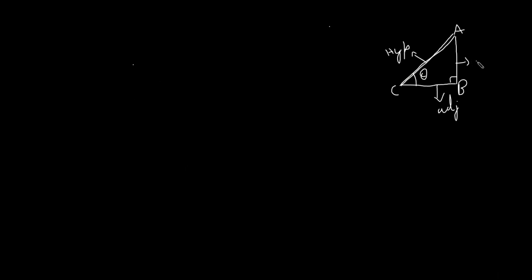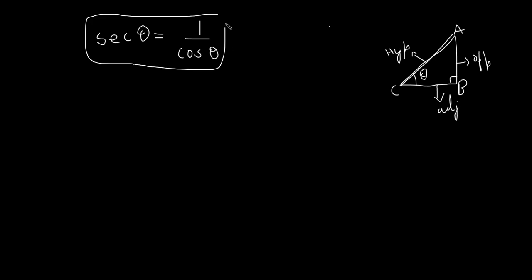Now another term, secant of theta, sec theta, is equal to 1 upon cos theta. Now cos theta, you know, is adjacent over hypotenuse, so sec theta, the inverse of cos theta, must be hypotenuse over adjacent.